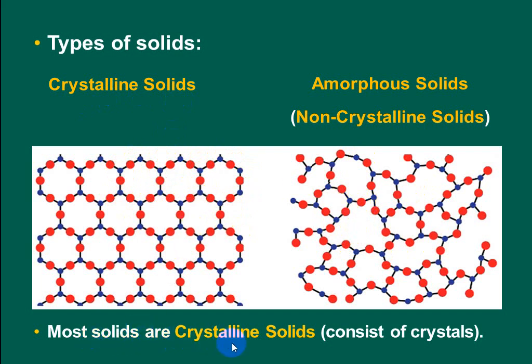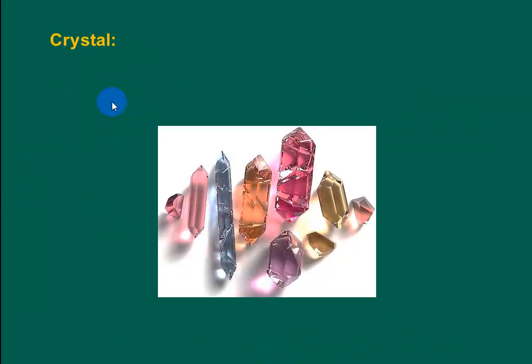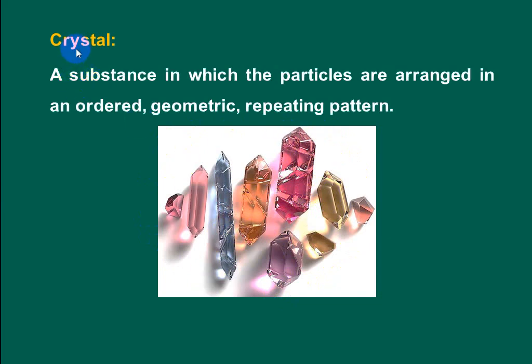Most solids are crystalline solids, consisting of crystals. And the crystal is the shape taken by the particles. As you can see here, crystals. This crystal takes this shape, and this one takes its own shape, different from both of them, and so on. Why does each crystal take a fixed shape? A crystal is a substance in which the particles are arranged in an ordered geometric repeating pattern.